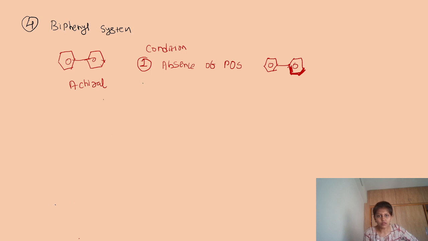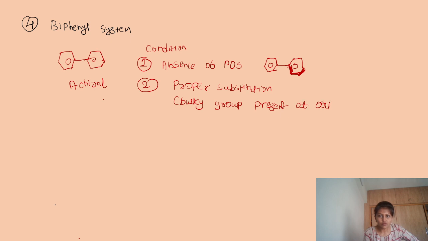Now the second one is proper substitution, right? That is, bulky groups present at the ortho position.